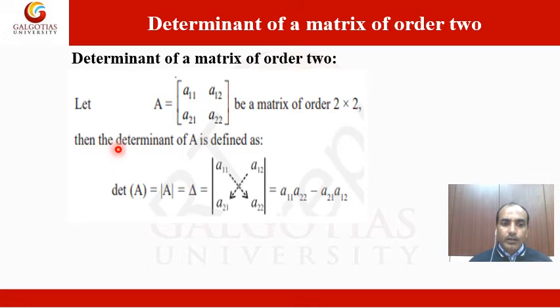Then the determinant of A is defined as determinant of A, or written inside two vertical lines, or denoted by the triangle symbol, equal to A11 multiplied by A22 minus A12 times A21, and this is a unique number known as the determinant of a matrix of order 2.